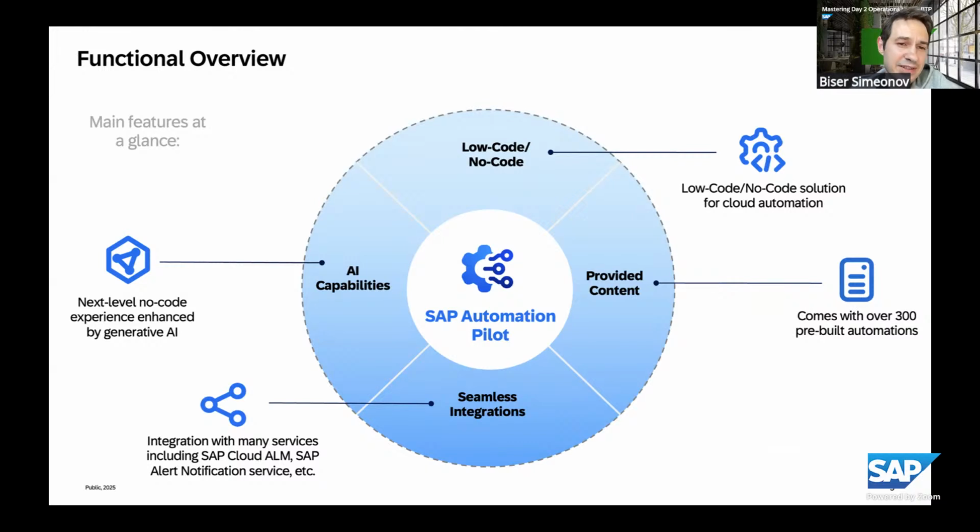And perhaps here is the right place to mention that those AI capabilities are not removing the need for a person to develop the ops automation. Rather, they boost the efficiency and help us build those automations faster and better. But over again, just make sure that you check and test your automations, if you use the AI capabilities, before using those automations on production landscapes and productive use cases.